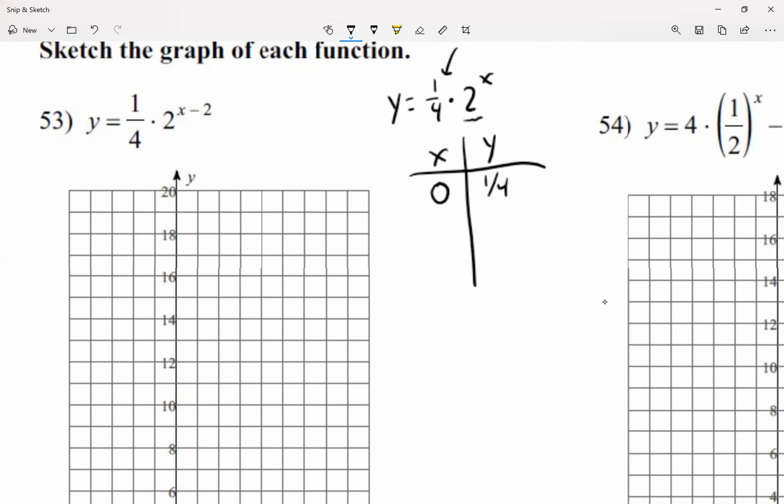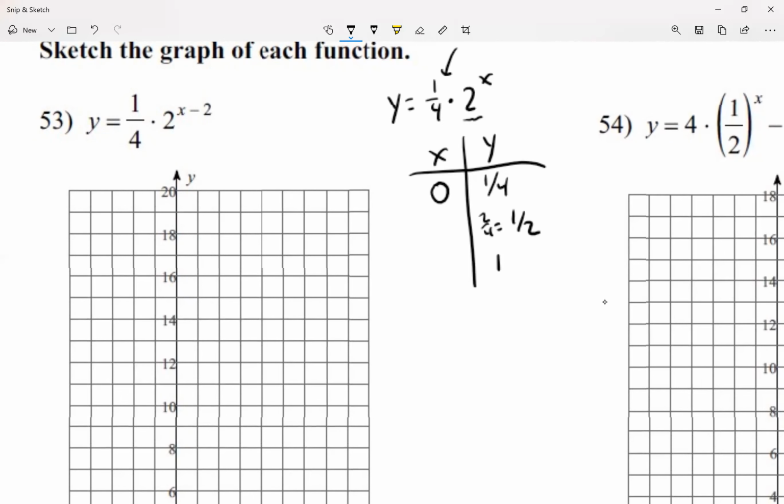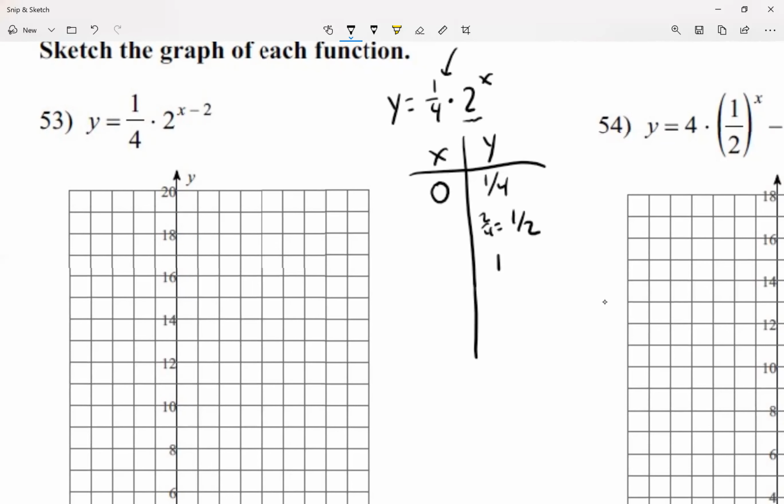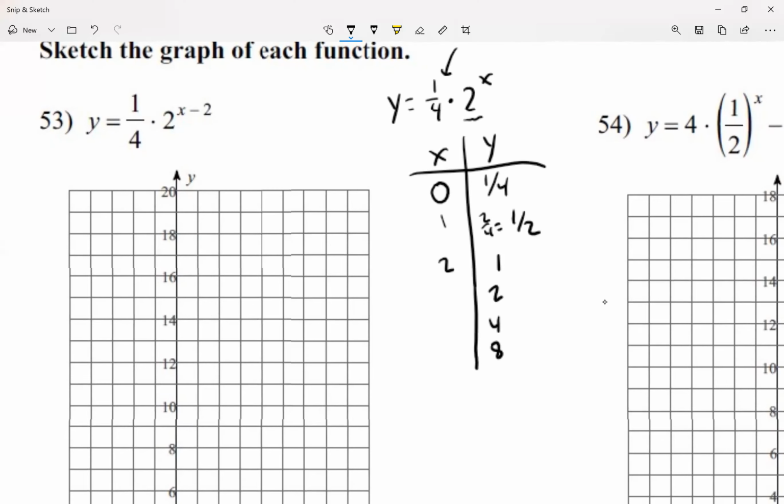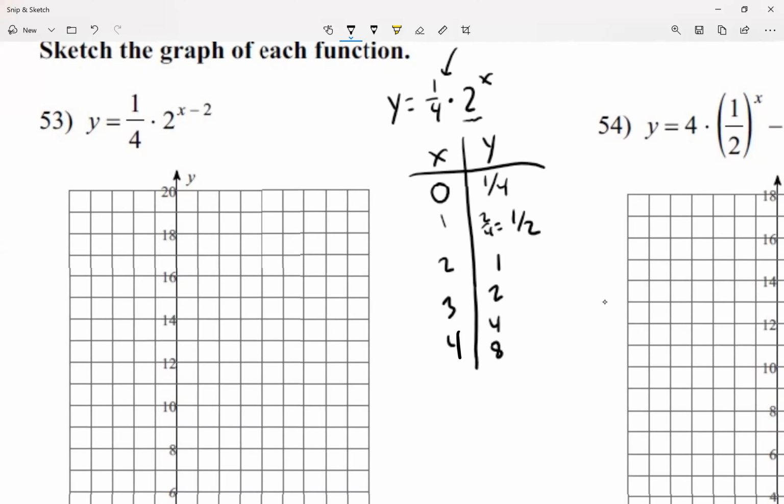So 1/4 times 2, isn't that 2/4, which is 1/2, times 2. That gives me 1. Okay, and then 2, 4, 8. Each time I had a value, in order for me to come up with the next value, I had to multiply by 2. Okay, my x values, I have 0, 1, 2, 3, 4, and then 5.